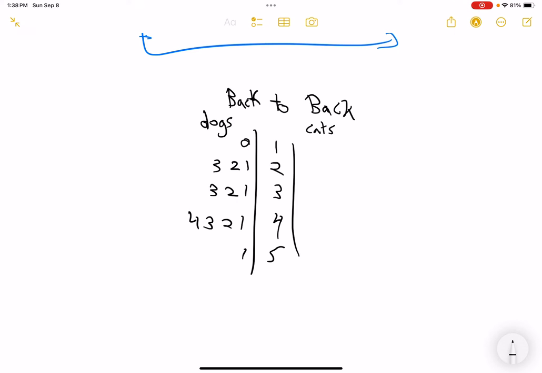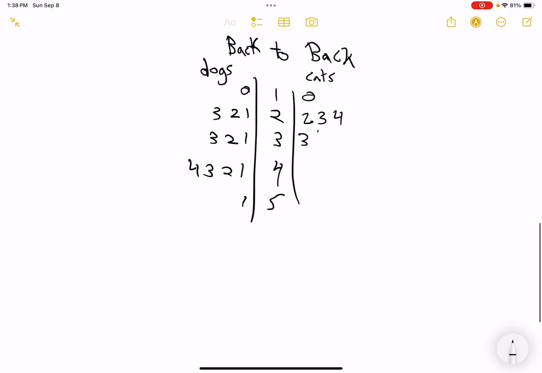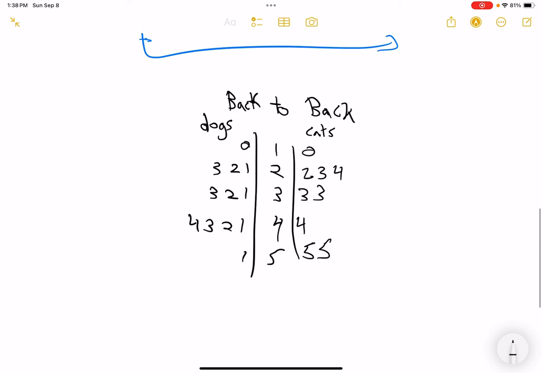Right? And then we would do the same thing with the cats over here, right? It'd be 1, and actually let's just give them vaguely similar values here. Okay. So when we look at these, remember that left is low.